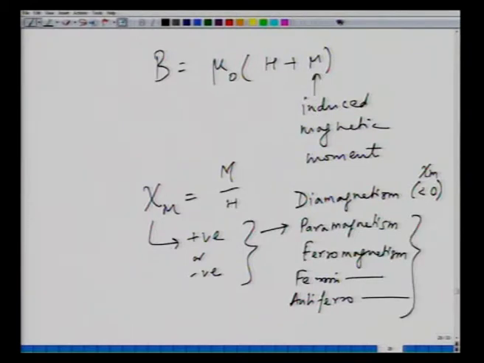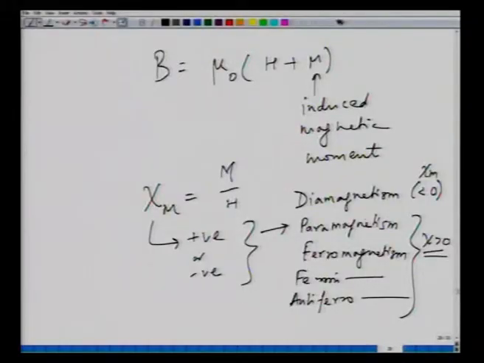All of these will have chi greater than 0. All these four effects have different magnitudes of chi, but they are all greater than 0. So we classified the various kinds of magnetism on this macroscopic picture, which is based on magnetic susceptibility and its sign.